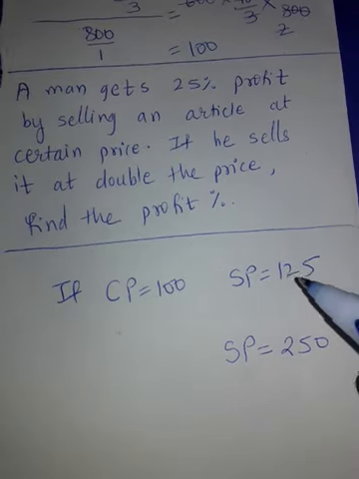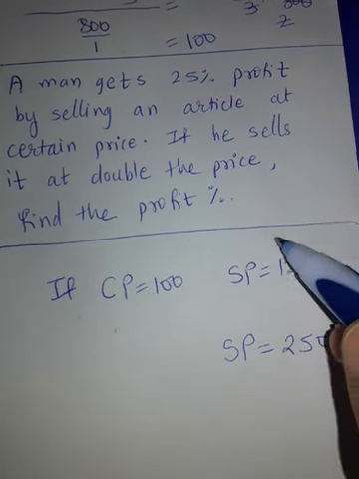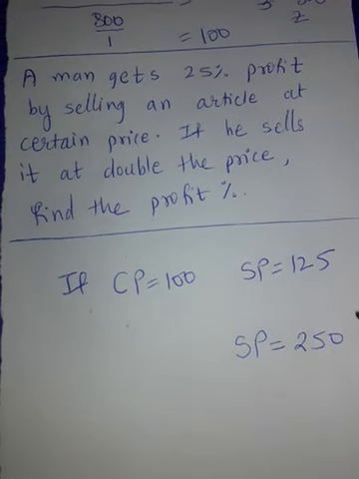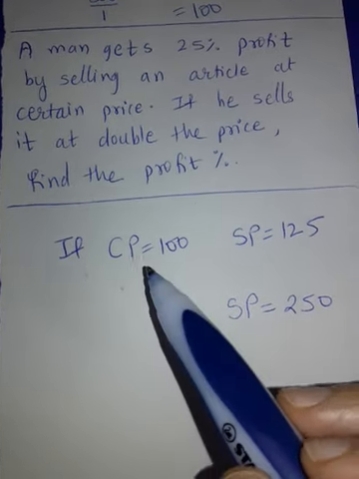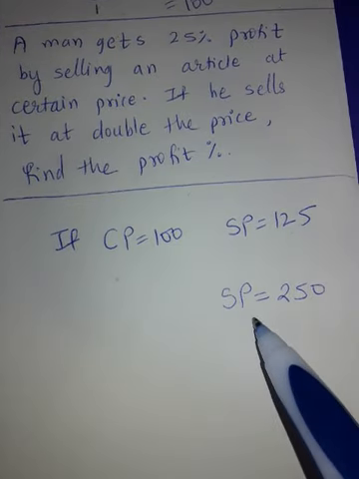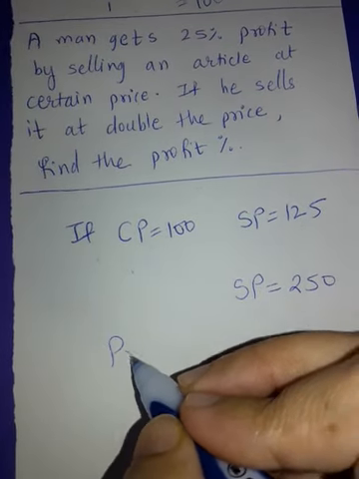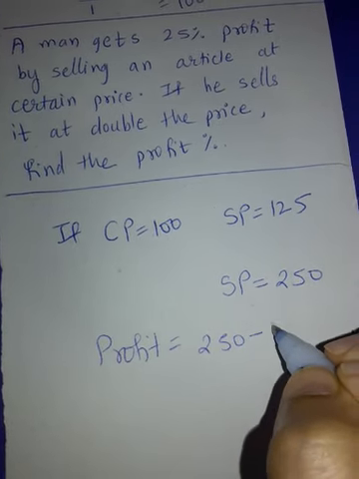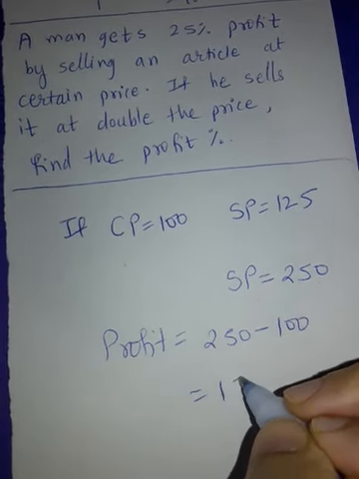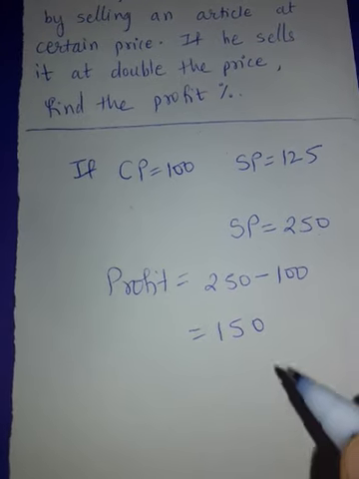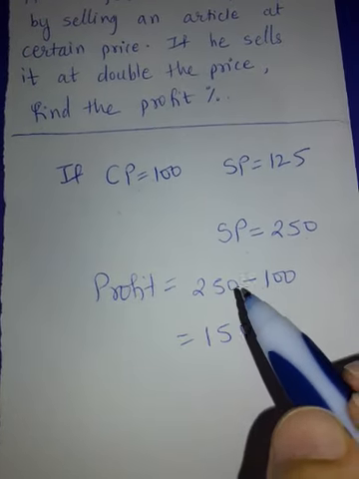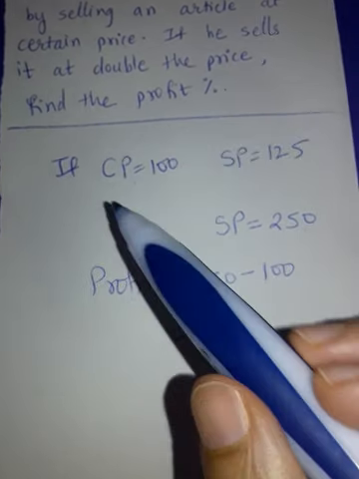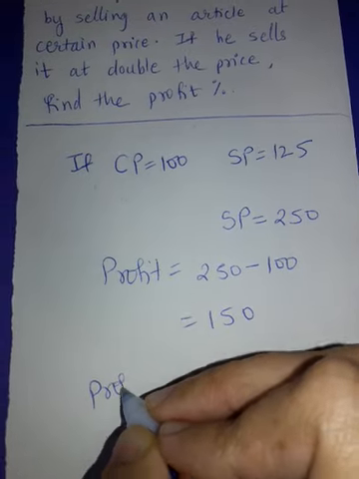They are saying if SP is double of the given SP, the certain price, so it is 250. What will be the profit percent? CP is 100 and SP is 250. So how much is the profit? Profit is 150, and profit percent or loss percent is always on cost price. So what will be the profit percent?